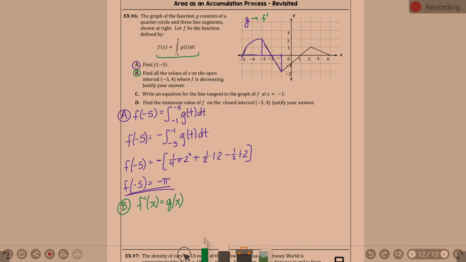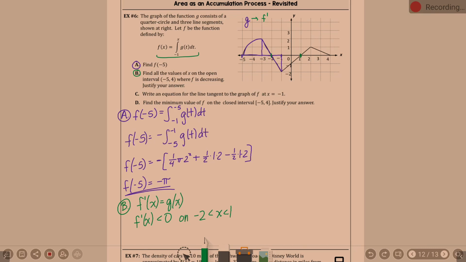So with that in mind, -2 to 1. Because from -2 to 1, that's where the graph is negative. And so that's where my derivative is negative. So I'm going to write here that f prime of x is less than 0, or in other words, negative, on the interval -2 less than x less than 1.